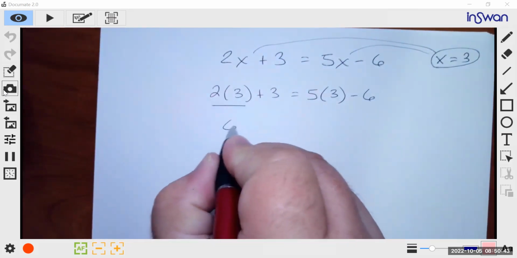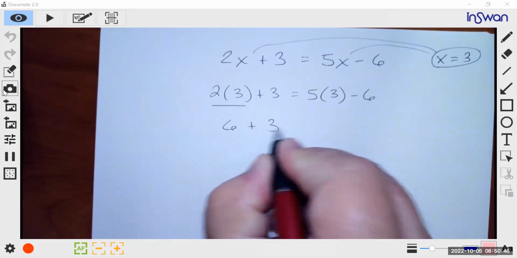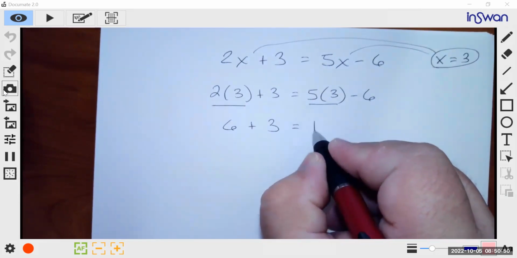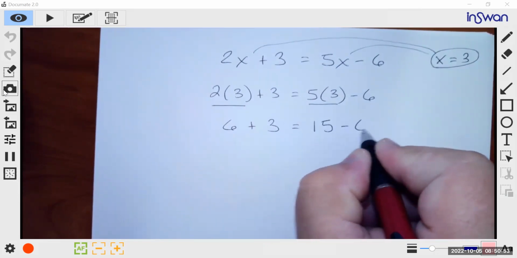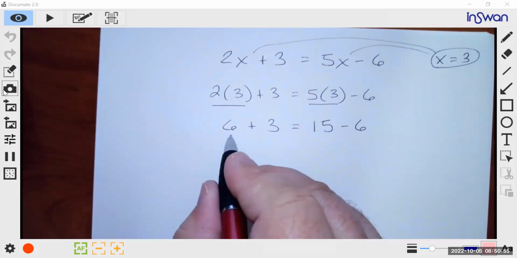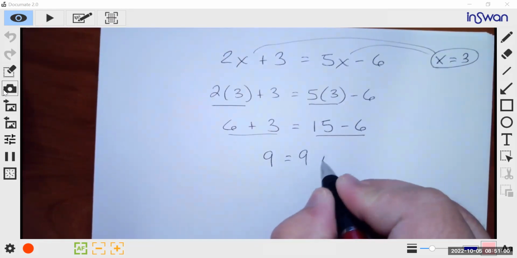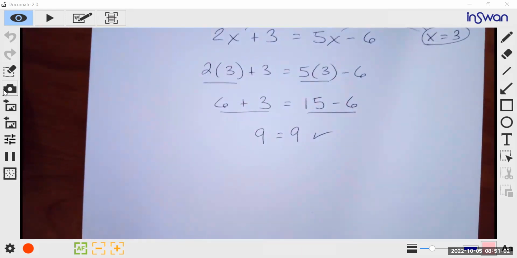2 times 3 is 6. 5 times 3 is 15. 6 + 3 is 9. 15 - 6 is 9, so it works. So far, so good.